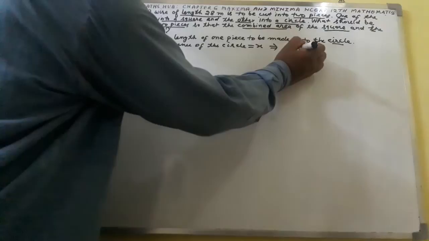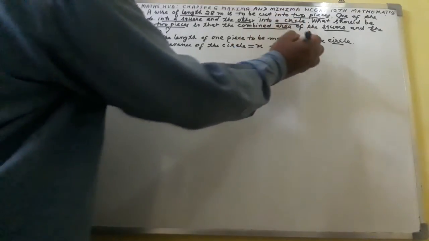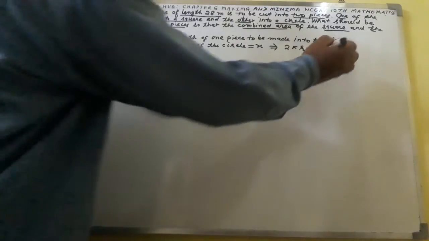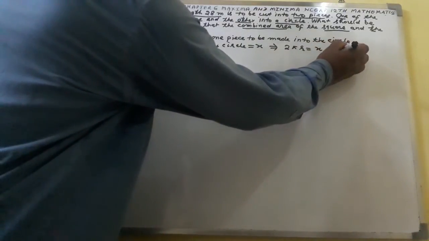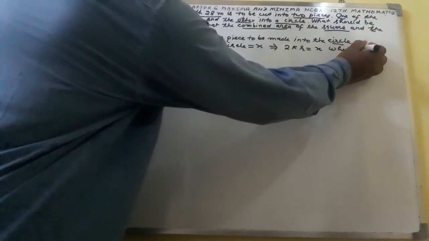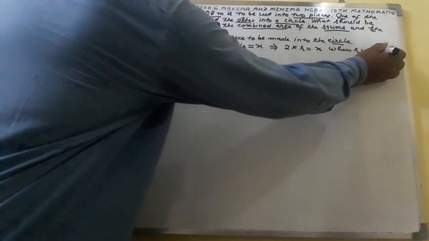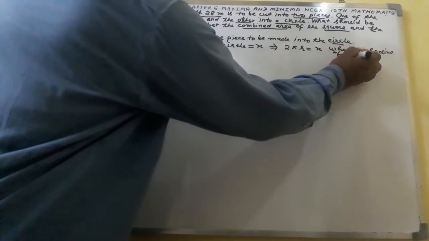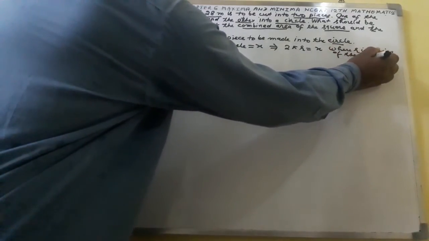This implies that 2 pi r equal to x, where r is the radius of the circle.